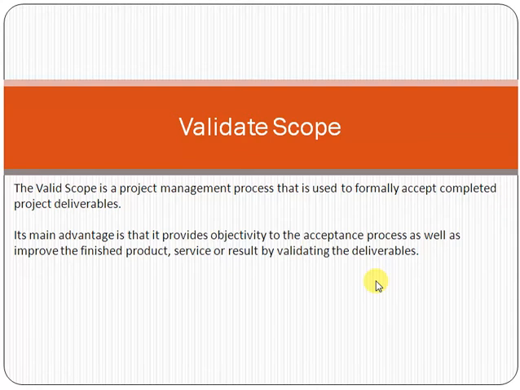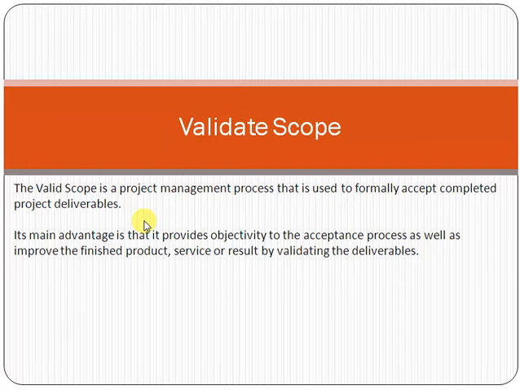Friends, remember one thing: as per the PMBOK, the Project Management Body of Knowledge, validate scope is a project management process that is used to formally accept completed project deliverables. And how will you validate the scope? You will validate it through the scope documents, project management plans, and requirement traceability matrix.